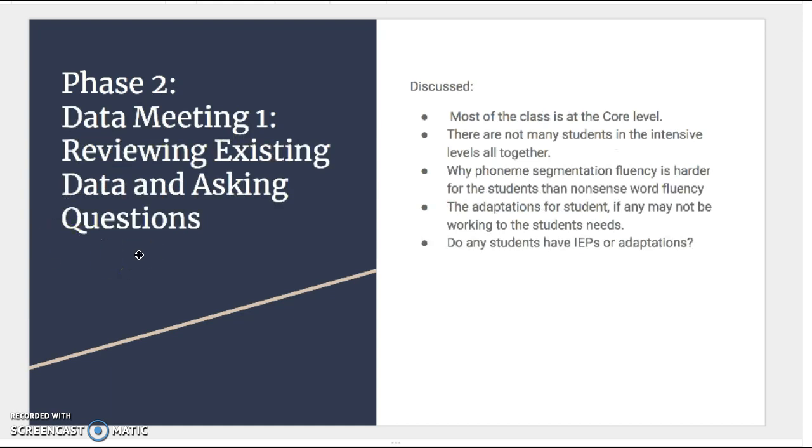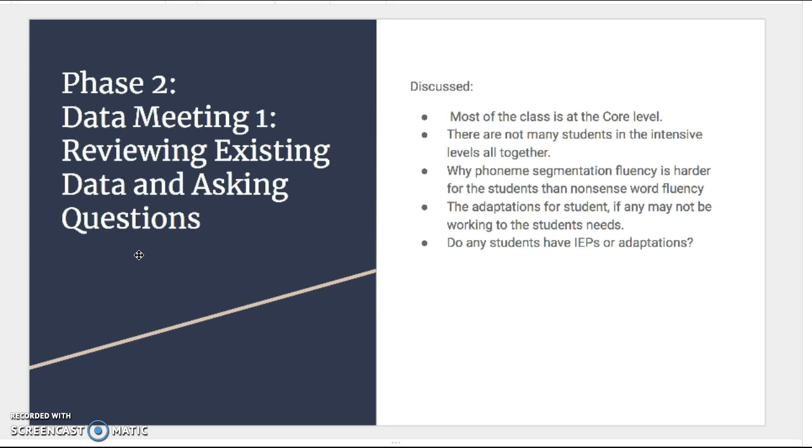For the phase two, the first data meeting where we were reviewing existing data and asking questions, we mainly discussed that most of the class was at core level and that there were not many students in the intensive levels in any of the subject areas or any of the assessments.